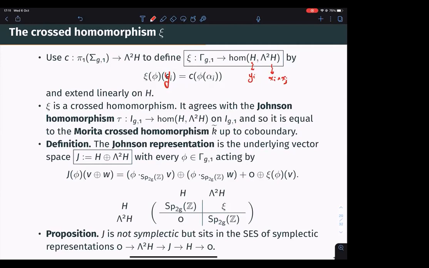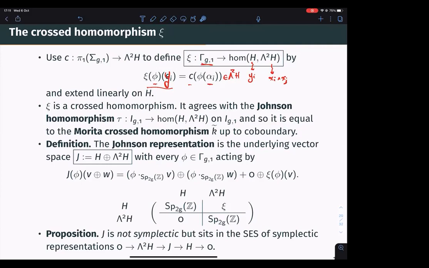For every phi, my phi before was in Aut of the free group, now we'll take it in gamma_g^1. Doesn't make a difference. Xi of phi defined on y_i is the content of the image of the corresponding letter. That's in Lambda^2 H, and extend this linearly on H. So that defines a homomorphism from H to Lambda^2 H.